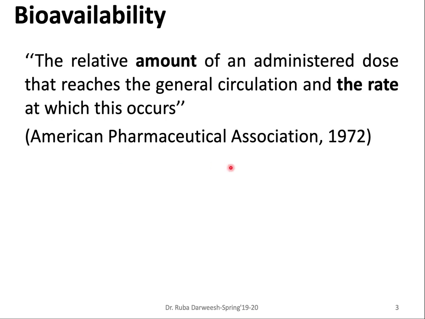That's why the American Pharmaceutical Association definition is more accurate, because it talks about the amount of the administered dose and the rate at which the drug reaches the general circulation or systemic circulation. So we are talking about the rate and extent of the drug reaching the systemic circulation, and we can quantify this. That's why this is the more accurate definition.